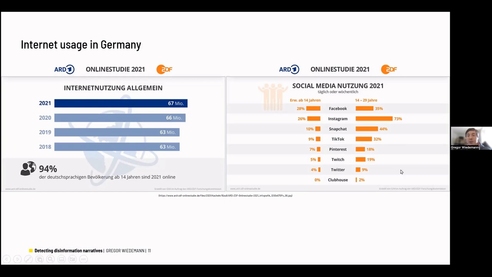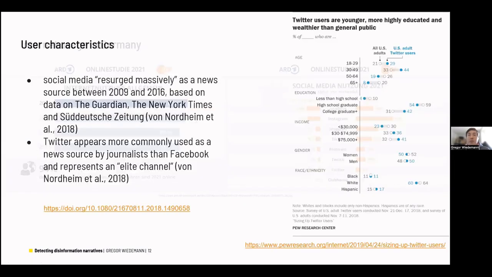And these Twitter users are considerably different from users of other platforms, for instance. In general, we can see that there has been a massive increase of the importance of social media and social media usage. This is very commonplace, I would say.